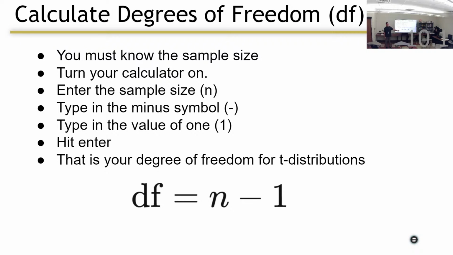It's not on your formula sheet, but DF is n minus 1. I don't think anybody needs their calculator for that. I don't think you actually need to show AP that DF equals 85 minus 1 equals 84. I think you're perfectly fine just saying DF equals 84, whatever it is. Y'all okay with that? DF.